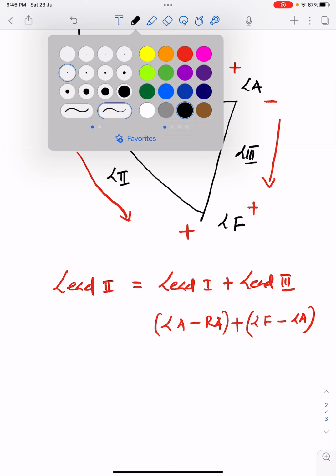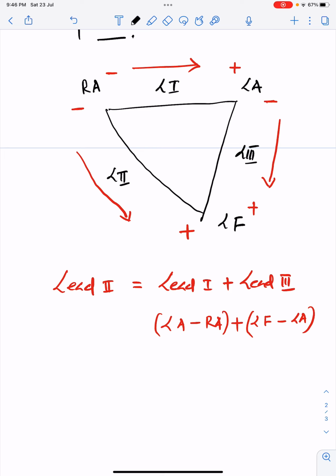So this got cancelled, and the remaining thing is left foot minus right arm. That is our lead 2.